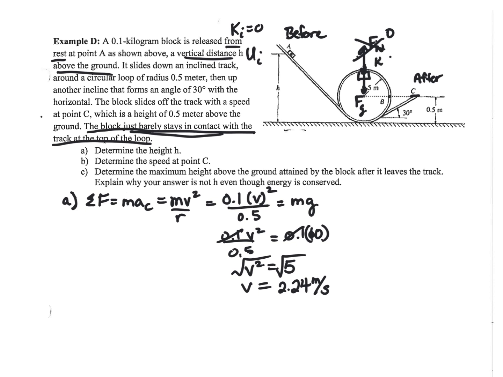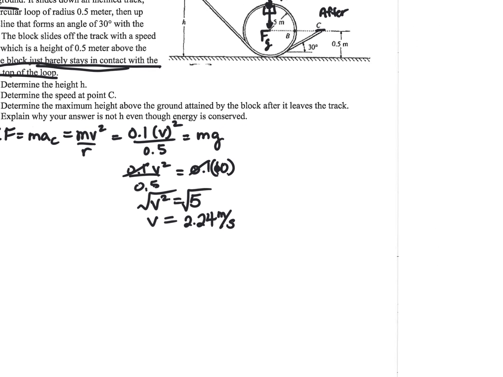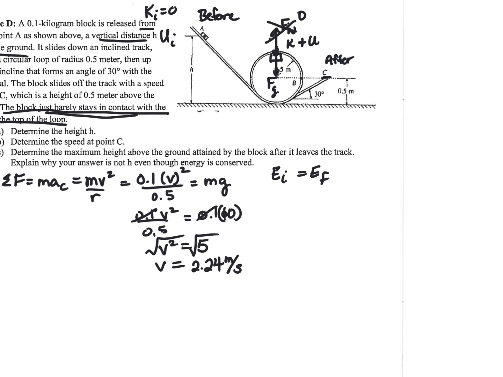So let's set the problem up and actually figure this out. If we do E initial equals E final, we have K initial plus U initial equals K final plus U final. K initial is 0 because this is at point A. This is going to be the top of the loop. At the top of the loop, we have potential energy and we have kinetic energy.